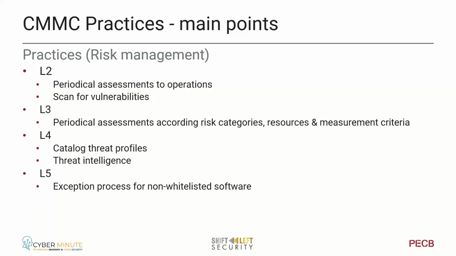Yes. Risk management, this is my cup of tea. On a technical level it means that you do continuous assessments, scanning for vulnerabilities, and do risk assessment when there is a new attack vector or when there are new threats. At level 4, you need threat profiling and threat intelligence, to know what's coming, and to assume breach and all that, because we are all after all targets when we have internet visibility.